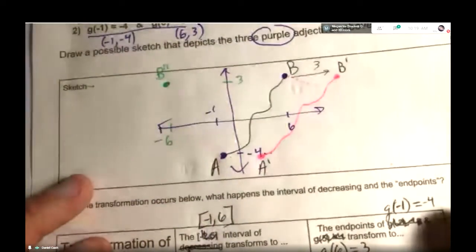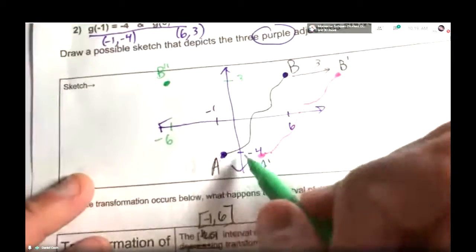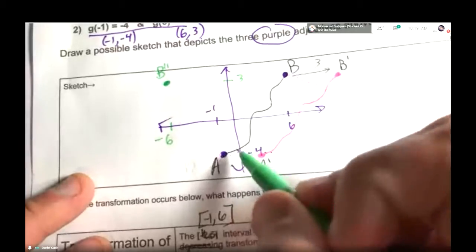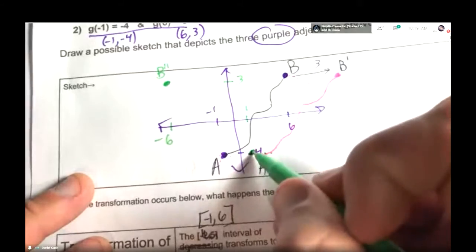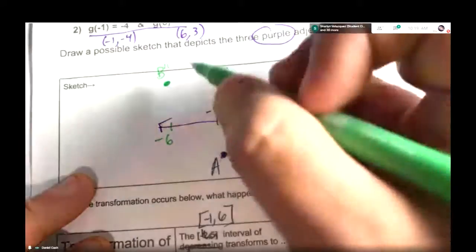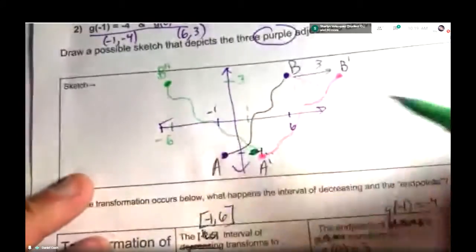I'm going to call this B double ticky, so I keep track of what I'm doing here. And this A point is actually going to move from -1, -4 to +1, -4. And it's now going to go that way.